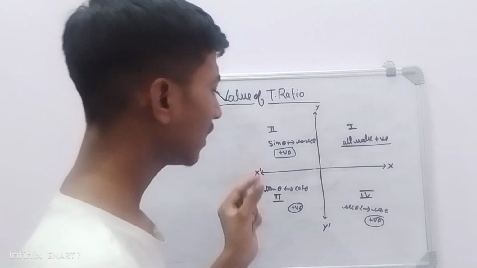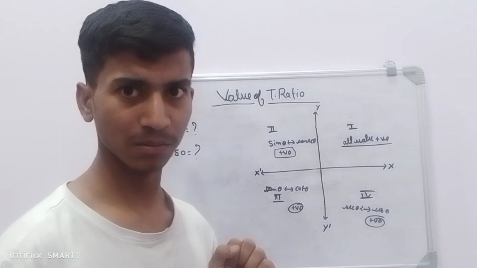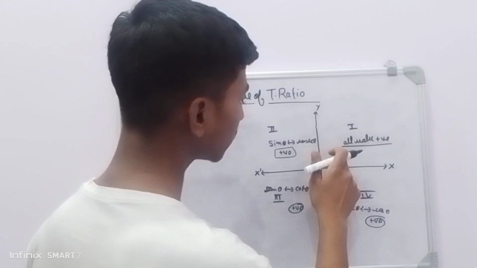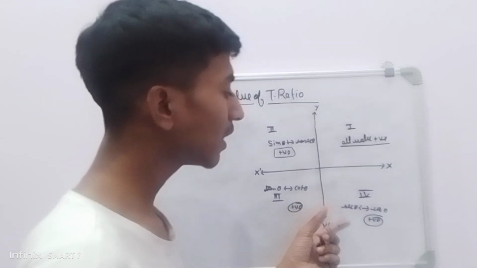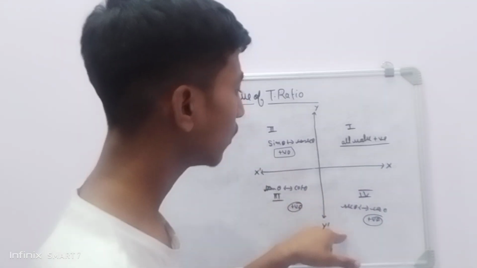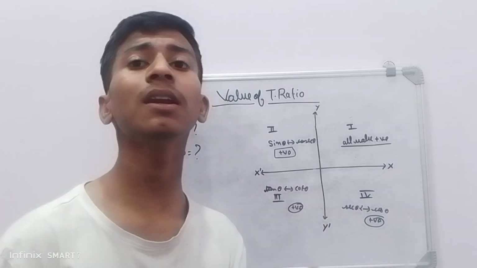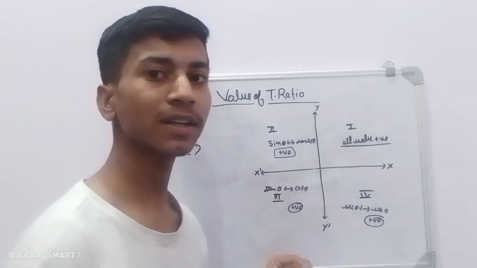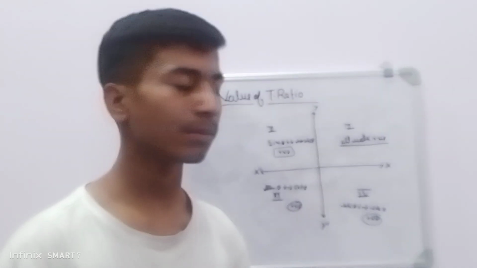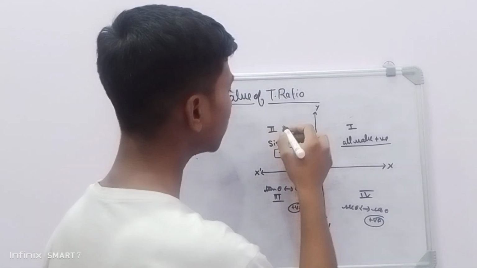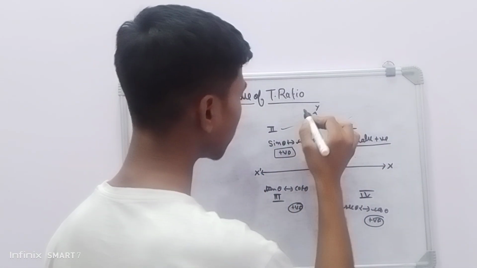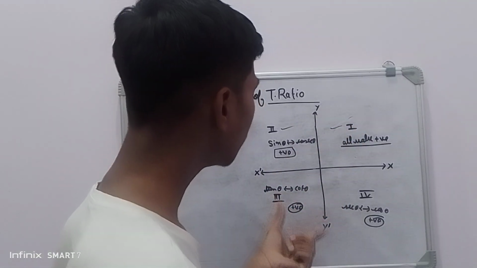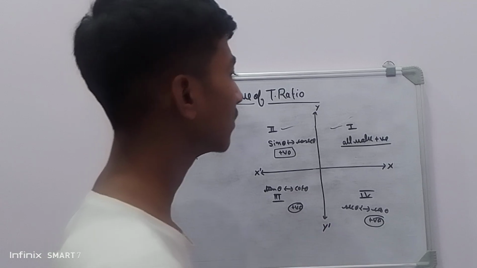In which quadrant will tan theta remain negative? As you know, tan theta is positive in the first and third quadrants, so in the rest, the second and fourth, it will be negative. Similarly, sine theta is positive in the first and second quadrants, so in the third and fourth it will remain negative.